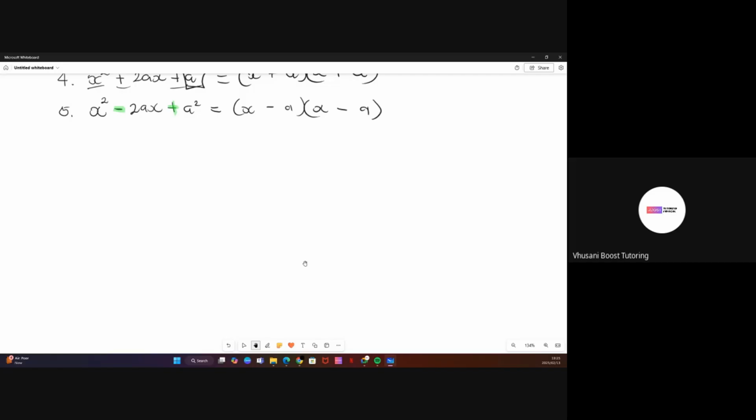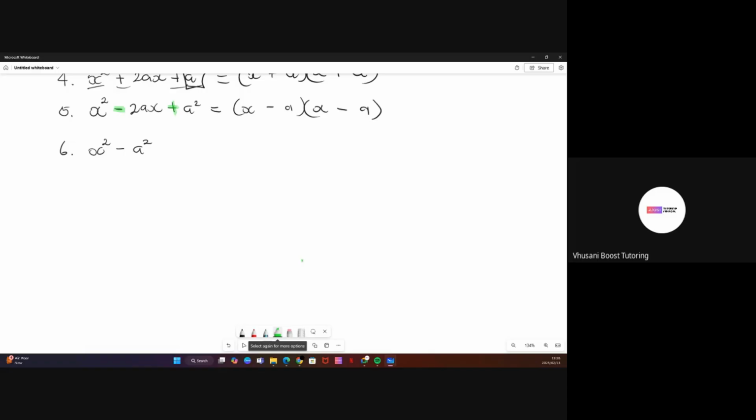Let's now head over to the difference of 2 squares, right? You need to be able to identify it. And how do you identify that it's a difference of 2 squares? Literally, it's telling you that it's a difference.